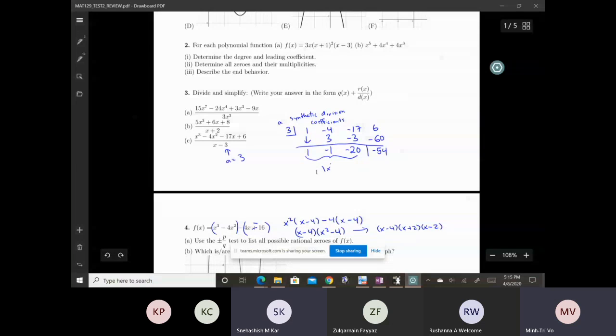So it's 1 times x squared, and then just go down, right? So then this would be the x term, and then this would be the constant term. And then the number that goes here is the remainder. Yeah, so that's how you would write out the answer.